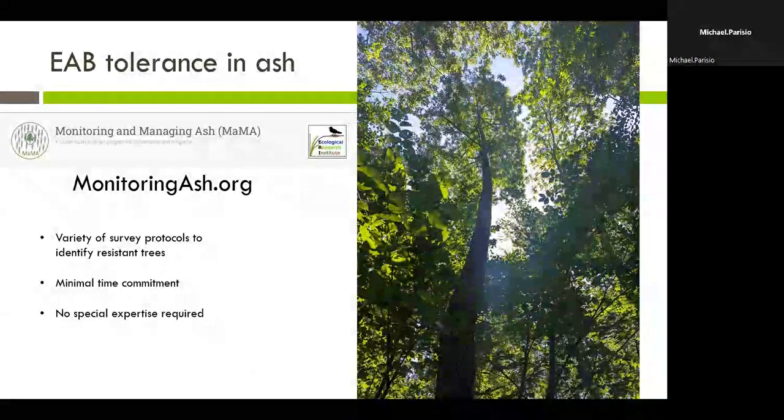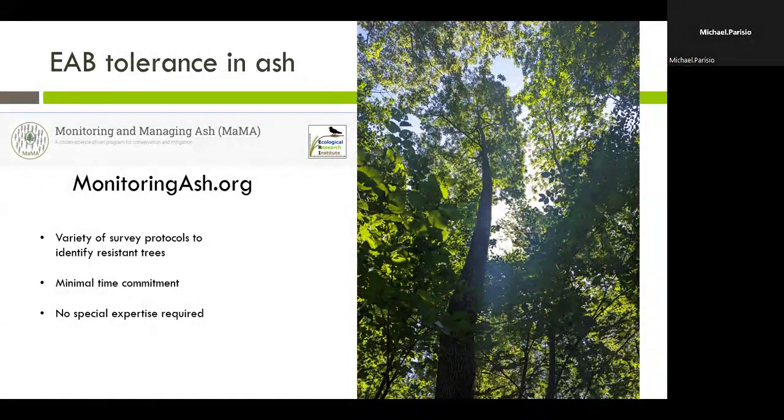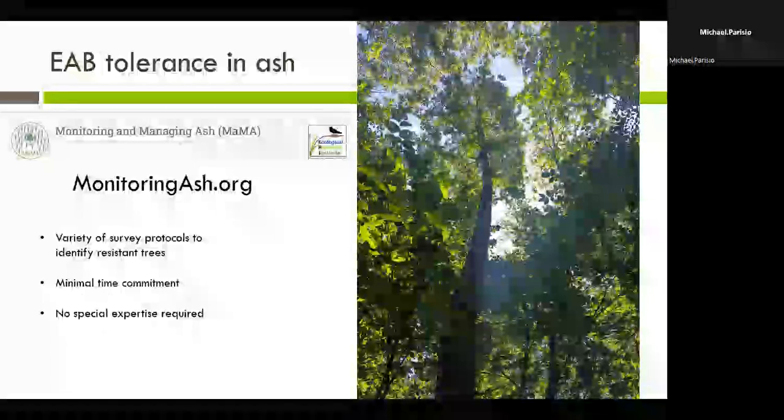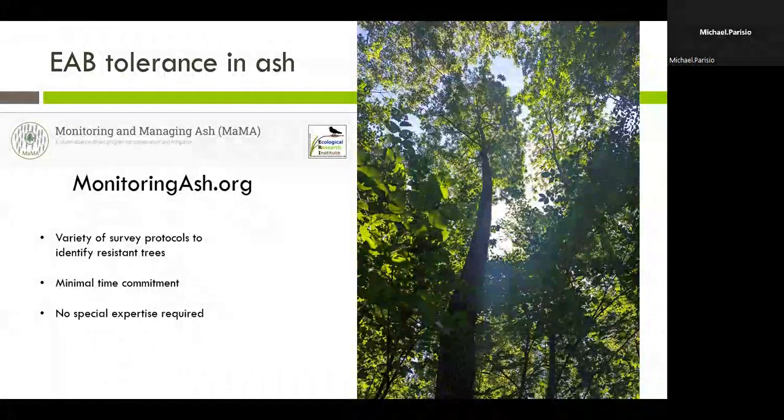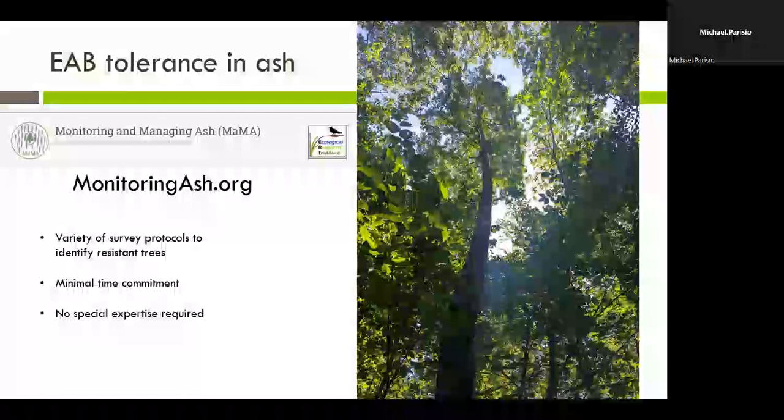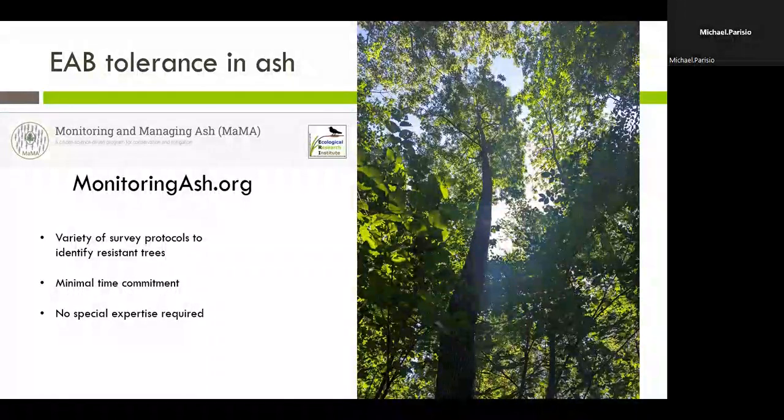You can find out more about these programs on monitoringash.org. They have a number of survey protocols. They're all really easy. We set some up in New Hampshire. It took, I think, maybe an hour, 2 hours probably to set up their most extensive plot, and then it takes probably a half hour per year after that, just going through and checking, looking for and recording tree health for 40 trees.